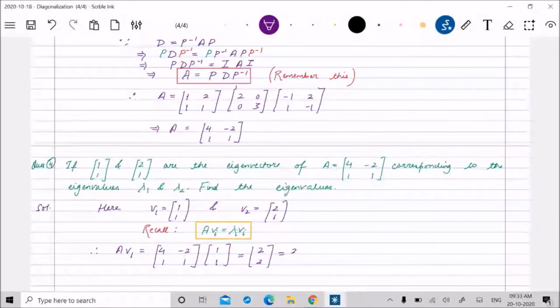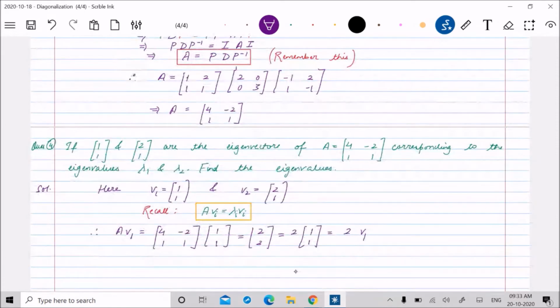And you can take 2 common, and inside bracket you will be having 1 1, right? And of course this is nothing but 2 times of V1, right? So what is the eigenvalue? This should be the eigenvalue because lambda is the eigenvalue, right? So lambda 1 equal to 2. Therefore, lambda 1 equal to 2 is the first eigenvalue.